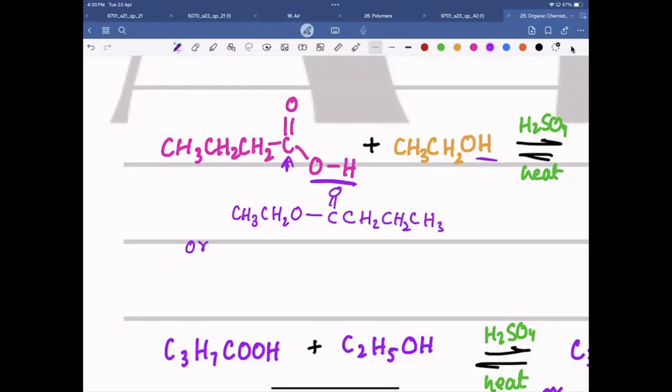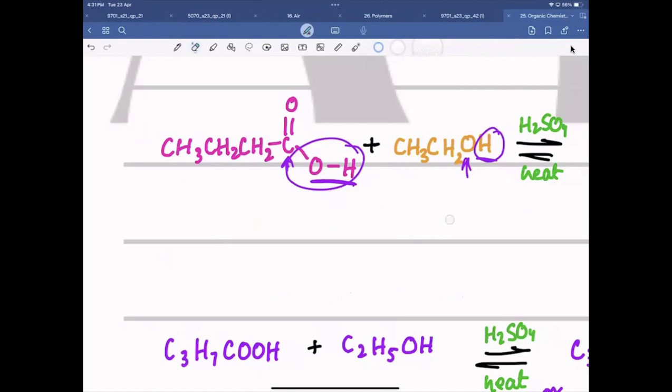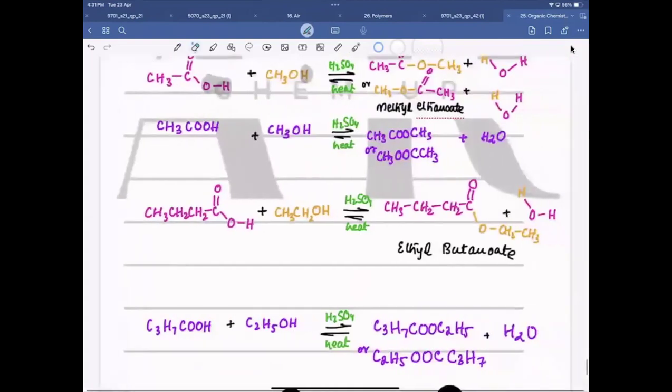Or if I start from the carboxylic acid, I will start like CH3, CH2, CH2, C double bond O. And then as OH is removed from here and the H is removed from here, I start from here. I make the carbon bond with the O and flip the alcohol molecule. So if you start with the carboxylic acid, you are going to flip the alcohol. And if you start with the alcohol, you are going to flip the carboxylic acid part in the ester.